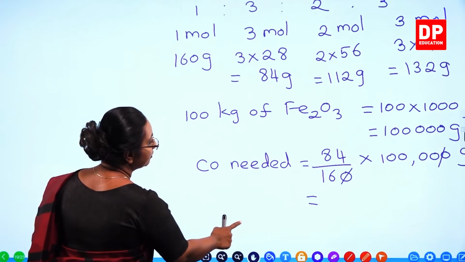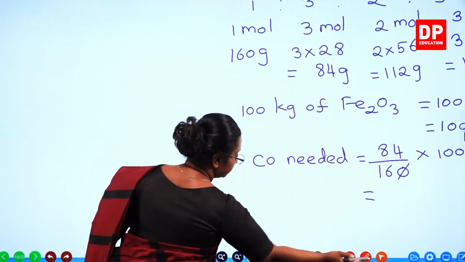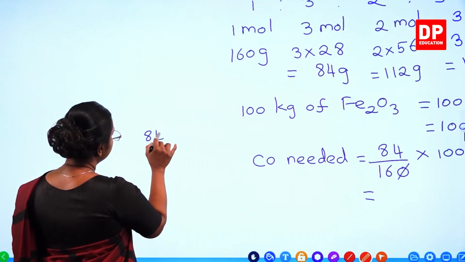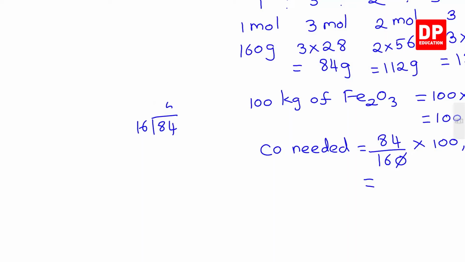I'll do the calculation here. 84 divided by 16. Here if we put 5, 80, we have 40, that is 2.5, and if we have 80, it's going to be 5.25.